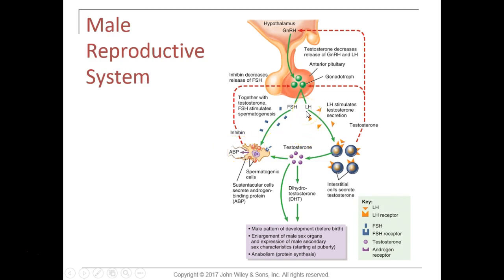Luteinizing hormone stimulates the interstitial endocrinocytes, which lie on the outside of the seminiferous tubule, to produce testosterone. Now, in the presence of both follicle-stimulating hormone and testosterone, these two hormones help increase the rate of spermatogenesis. So collectively together, follicle-stimulating hormone and testosterone basically increase sperm production.